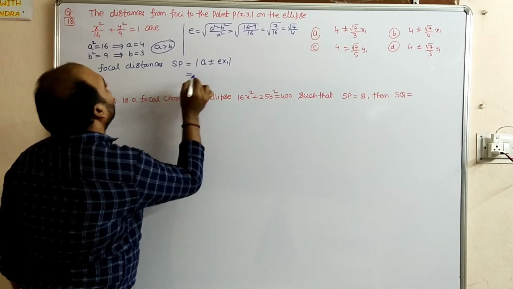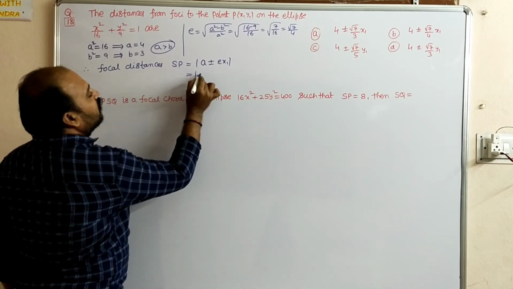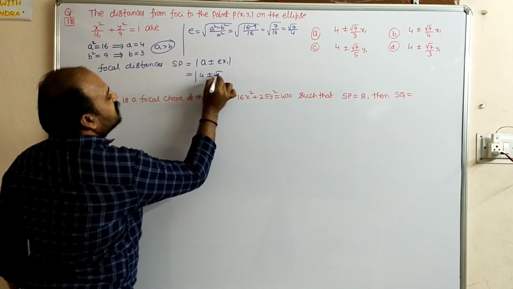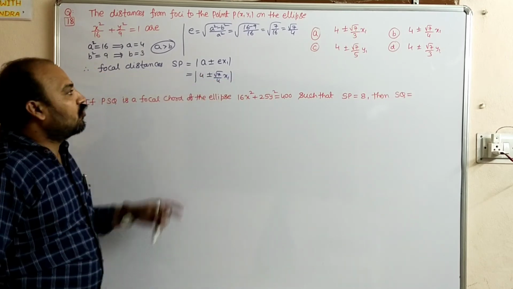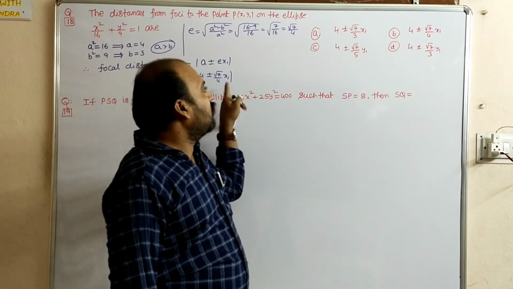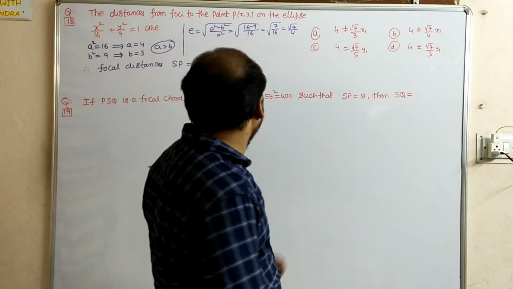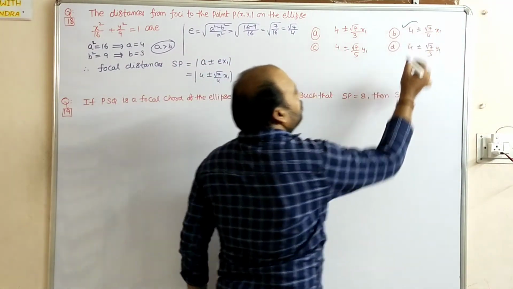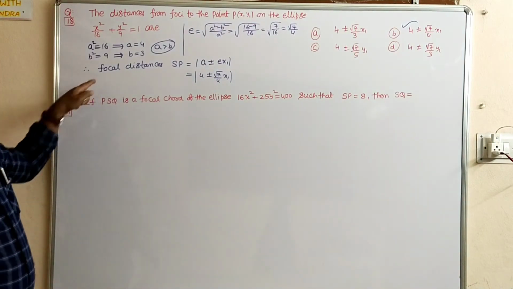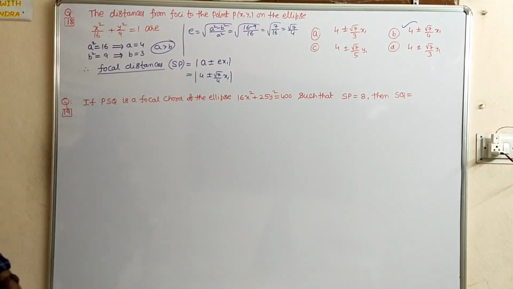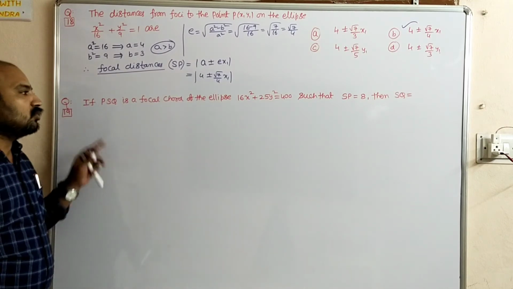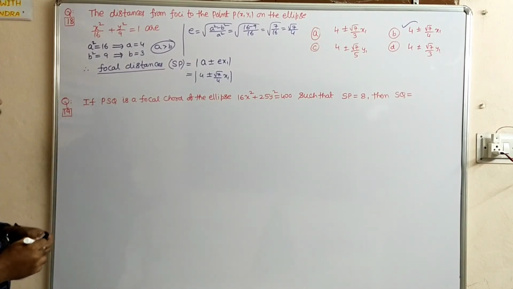So the value is 4 plus or minus root 7 by 4 x1, which is there in the second option. This is the focal distance, either SP or S dash P. Now we will move to the next question.